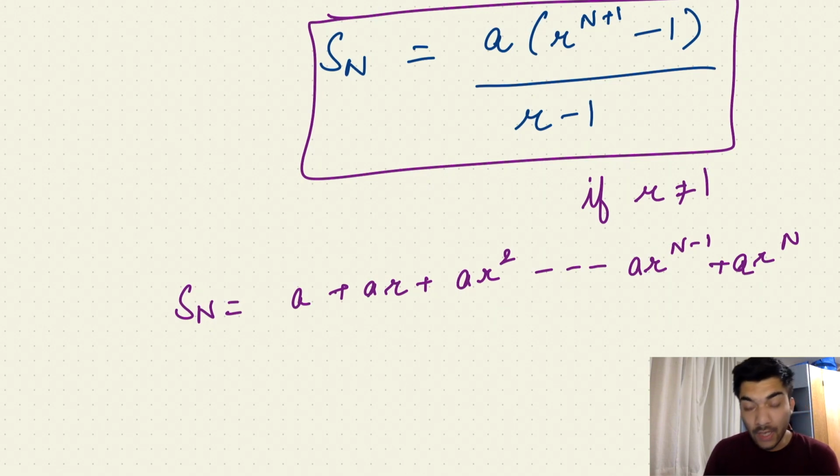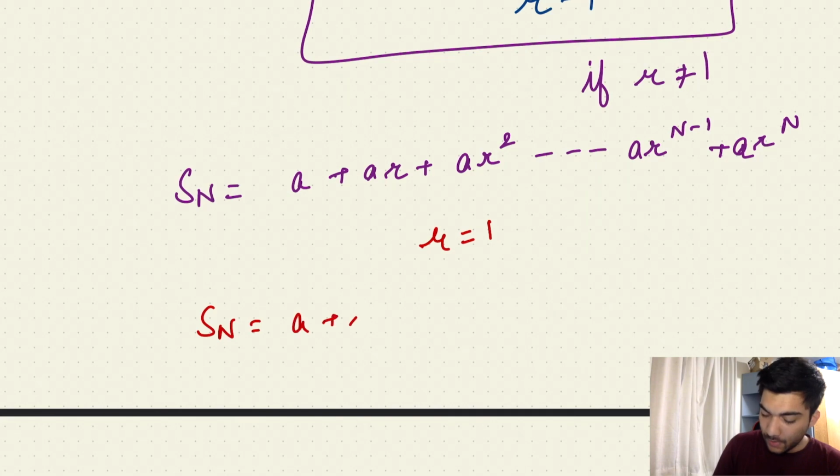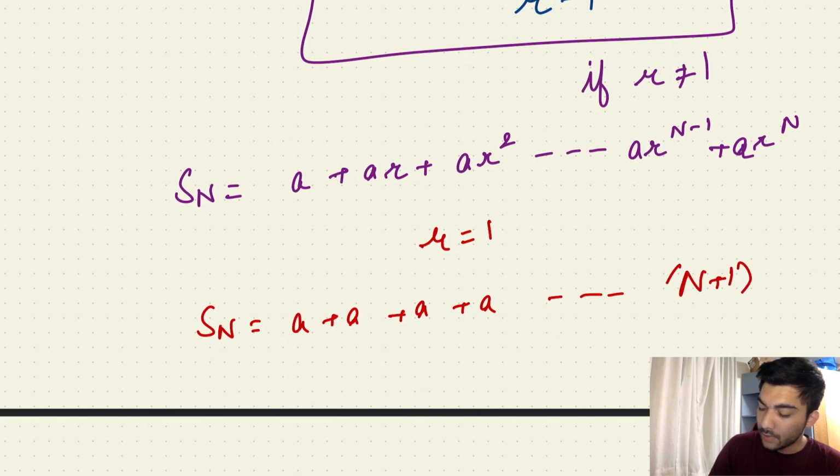So what happens when r is equal to 1? When our r is equal to 1, our series will get rid of the r's, because we know that 1 to the power of a positive number is 1. So our series will simplify to Sn equals a plus a plus a plus a, and so on for n plus 1 terms, right?